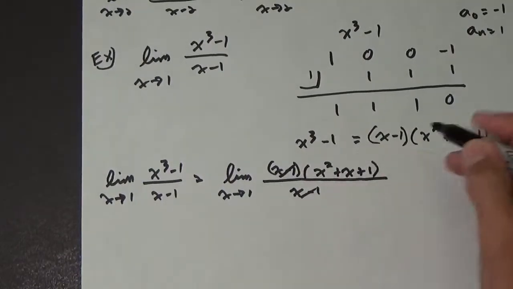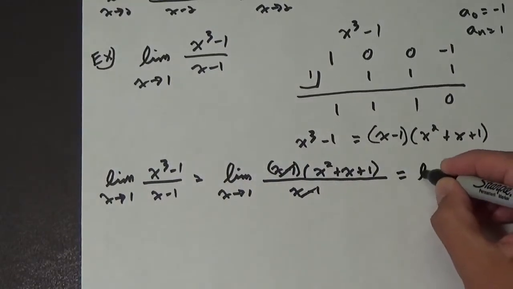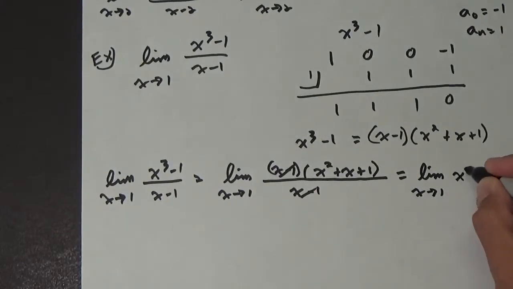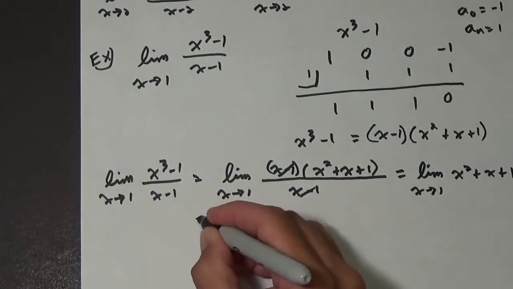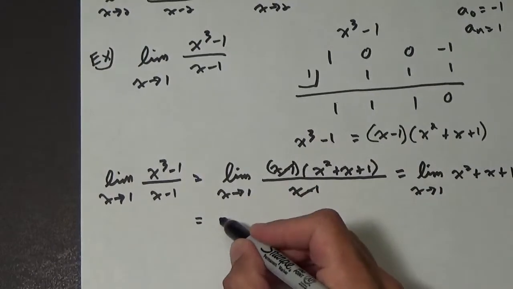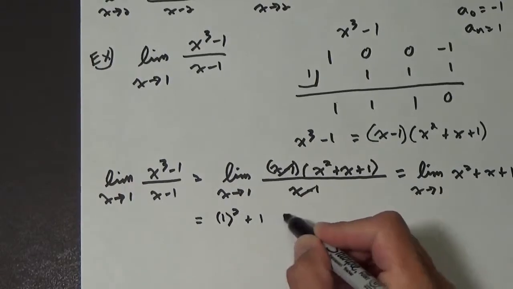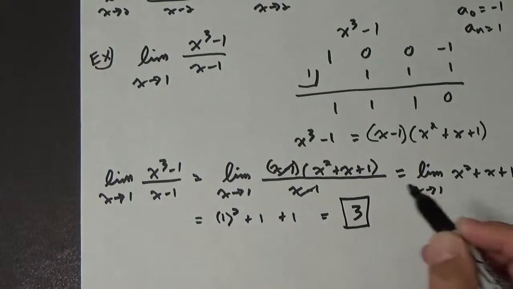These x minus 1's cancel out, and so we end up with the limit as x approaches 1 of x squared plus x plus 1. And now we can substitute, and so we end up with 1 squared plus 1 plus 1, which is 3.